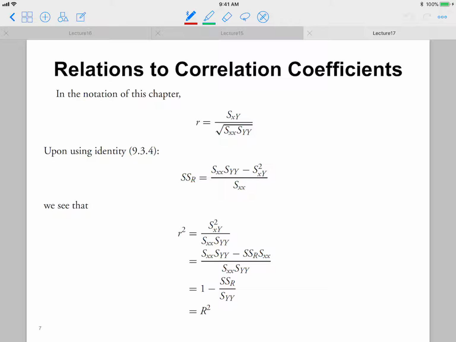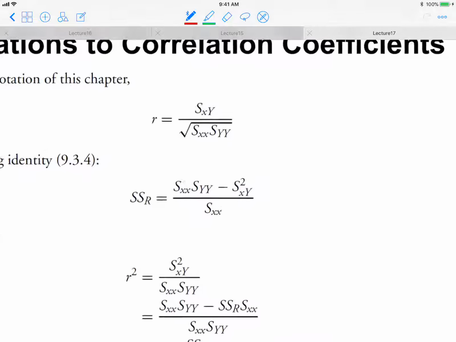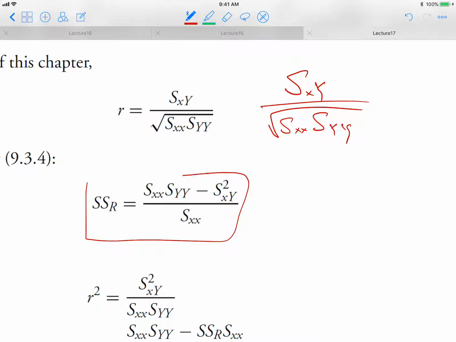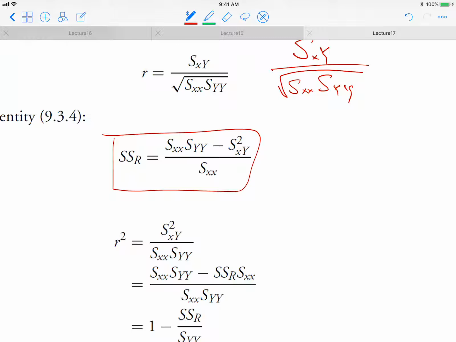So we have the covariance part, and the standard deviations of x and y. We now have some convenient notation in this chapter, where the covariance term is represented by this, and the variance can be represented by this. Then we had this formula that we derived in the previous slide, and this R was the correlation coefficient.